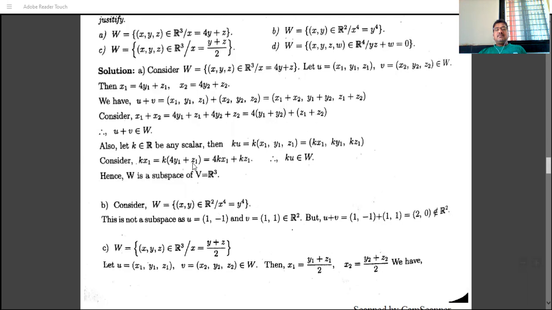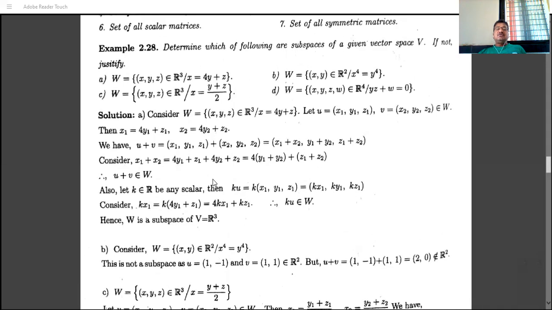So it is equal to 4 ky1 plus kz1. Therefore ku bar satisfies this property and belongs to W, and therefore W is a subspace of R3. V is equal to R3. Similarly, we will discuss the remaining examples in the next lecture.